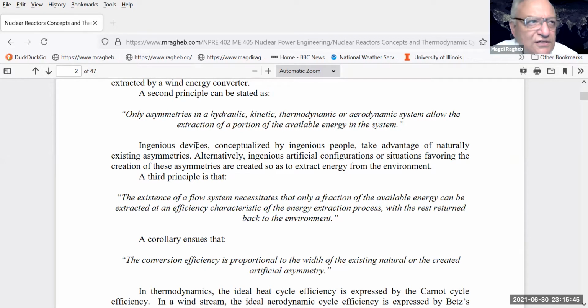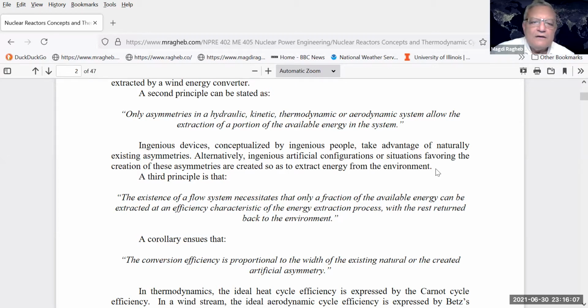You see, ingenious and engineers some kind have the same etymology here. Conceptualized by ingenious people, take advantage either of naturally existing asymmetries or alternatively, you create artificial configurations. That's a trick here on how you can extract energy from the environment.